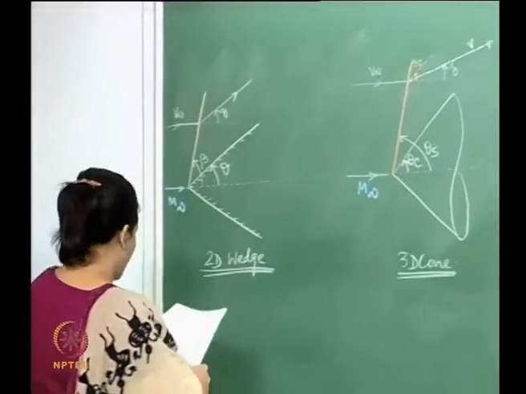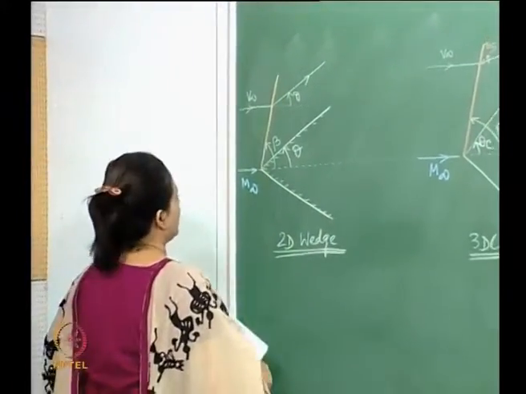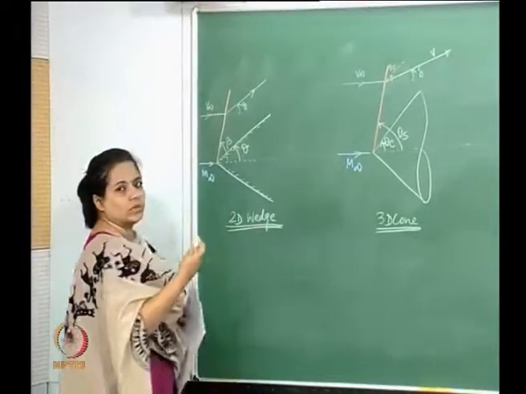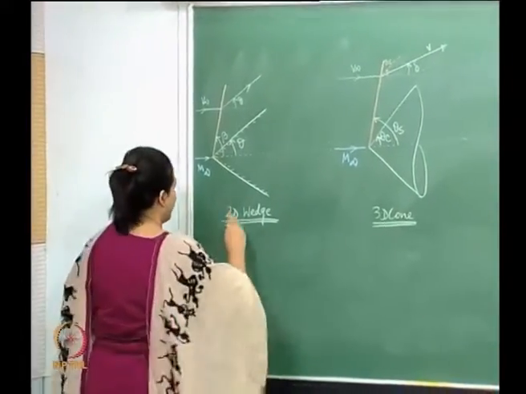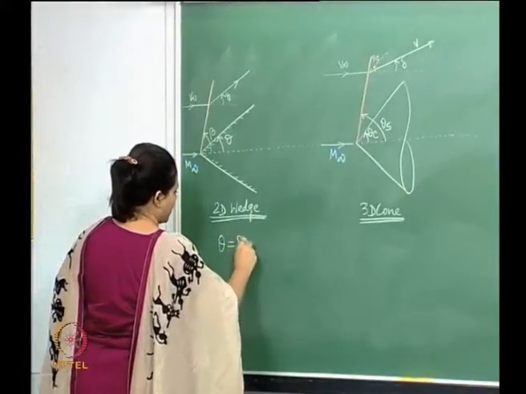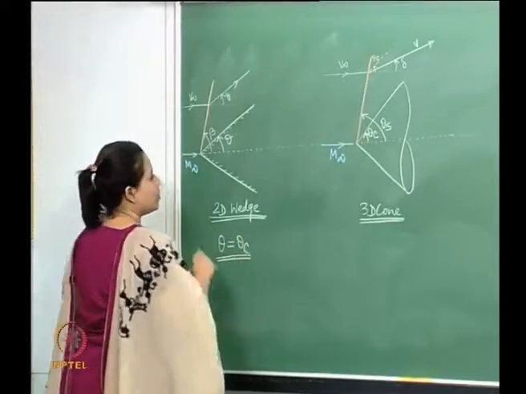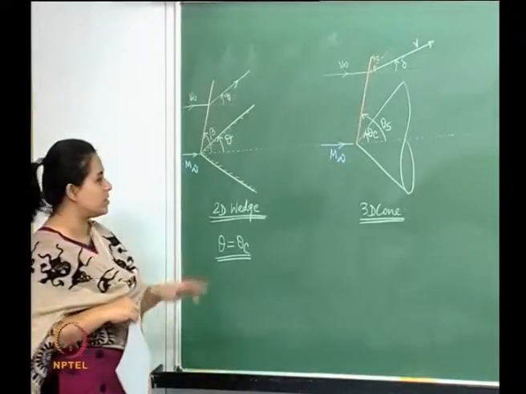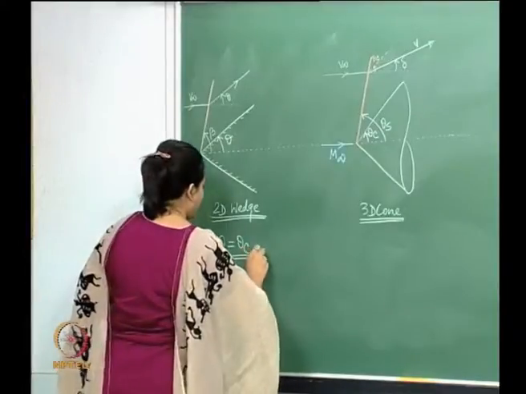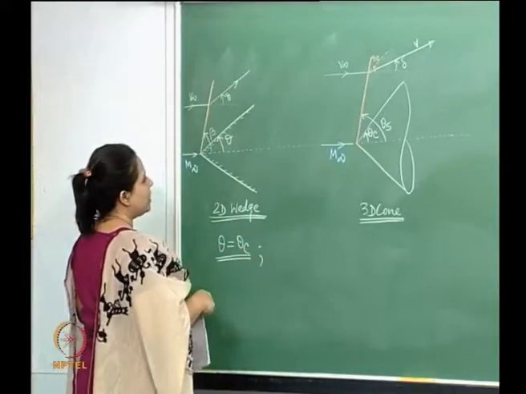So they both have the same cone angle: theta here is equal to theta c, the same half cone angle, in terms of the similarities.